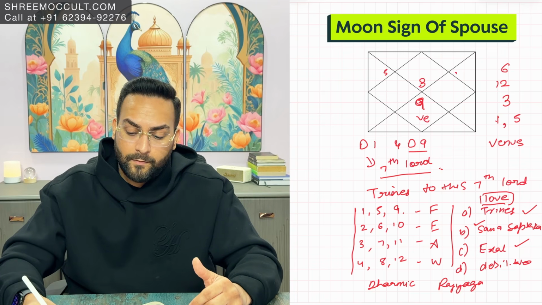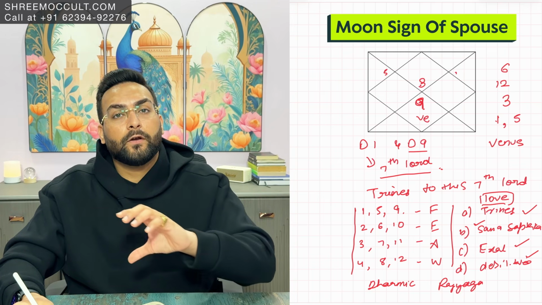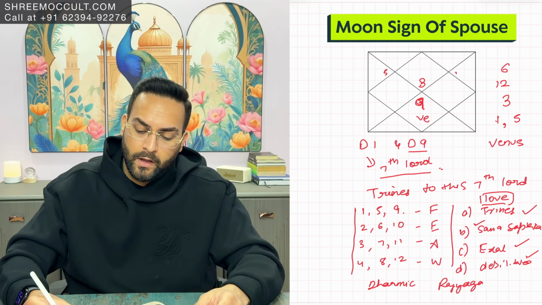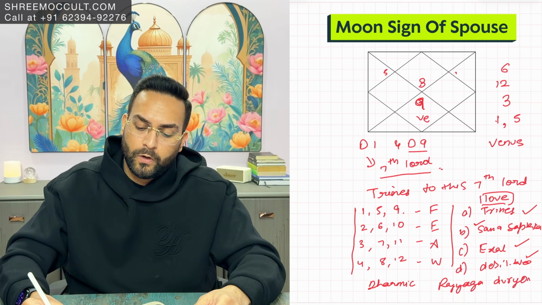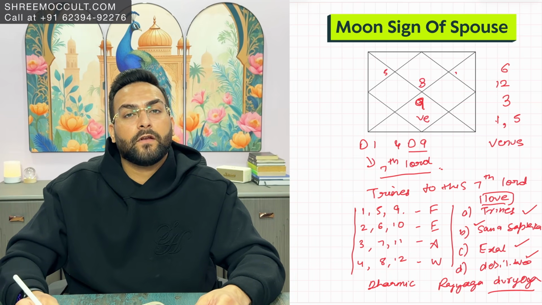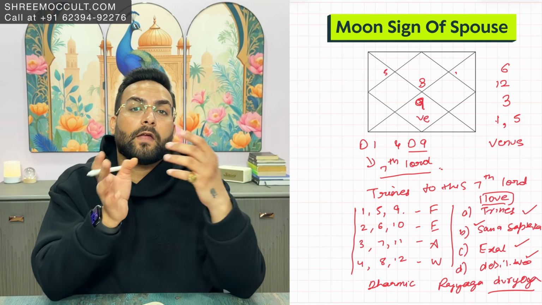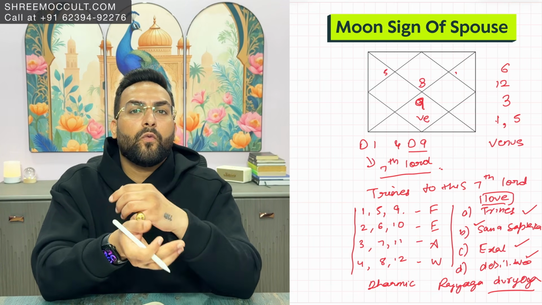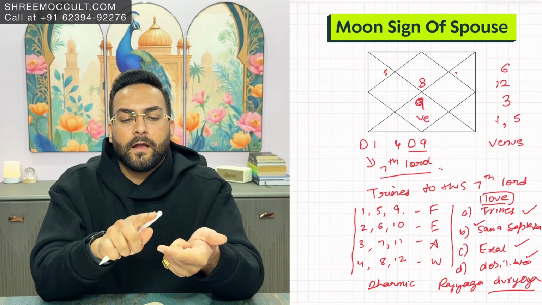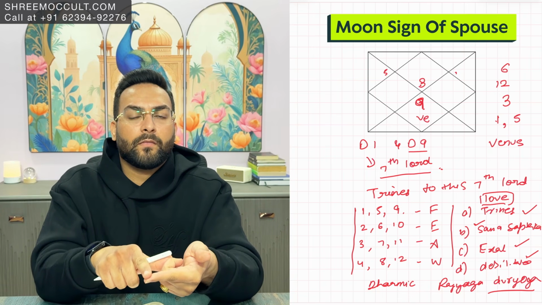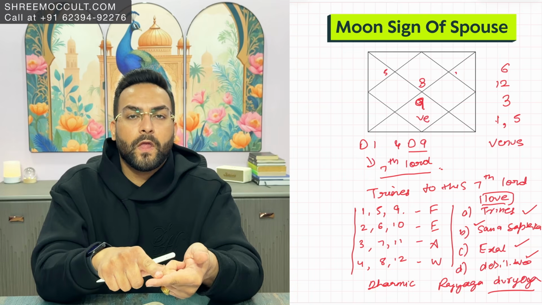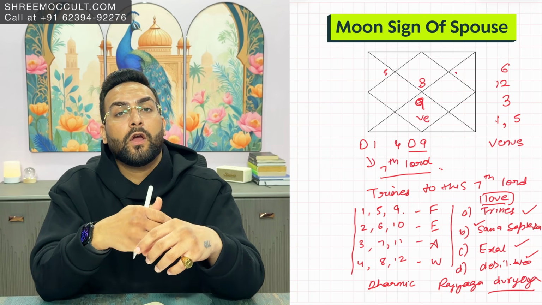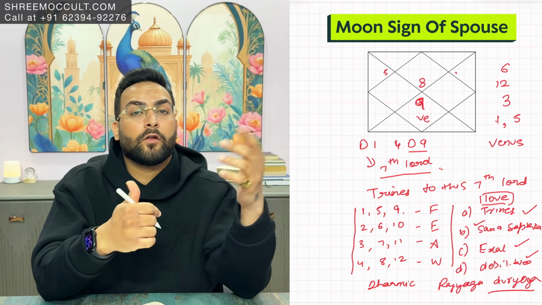But suppose it matches the fourth criteria, it goes into a debilitated sign. Now this is called Duryog as per the definition. So this means the exact opposite. It is going to be problematic, there is going to be a lot of trouble. Now we all have seen marriages in which a girl got married into a family, she shifted into their home, and after that everything kept increasing and there was a lot of success.